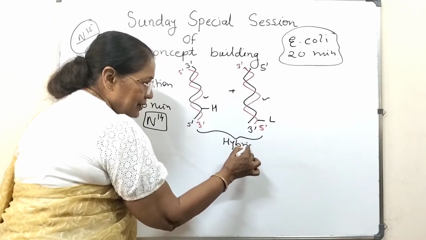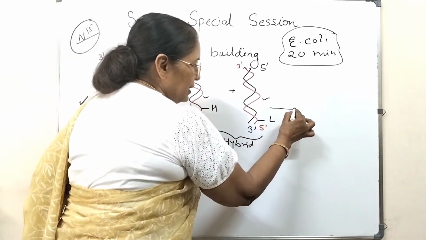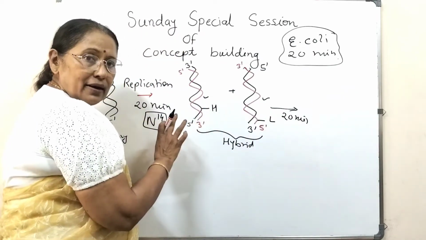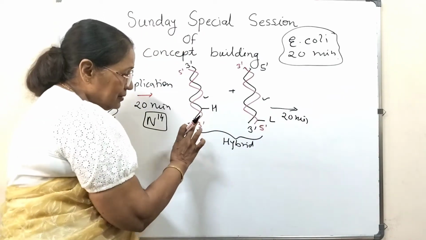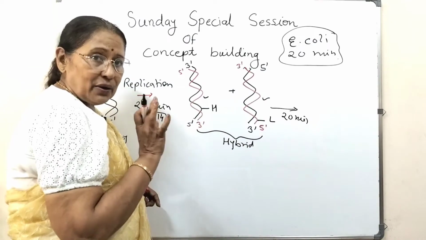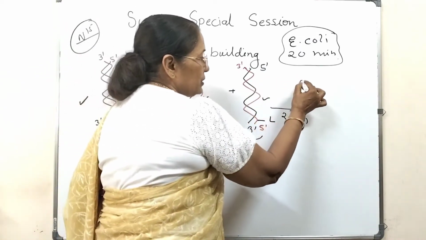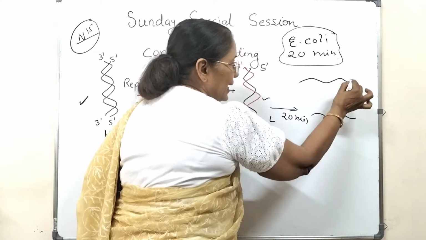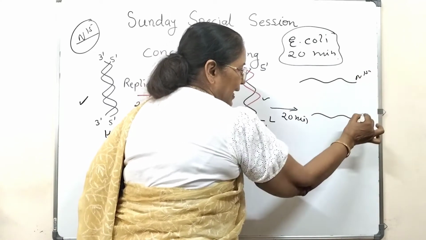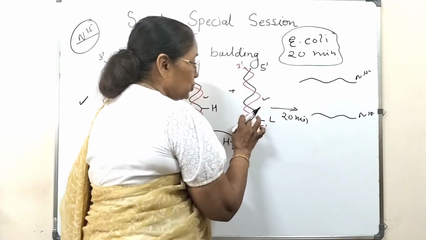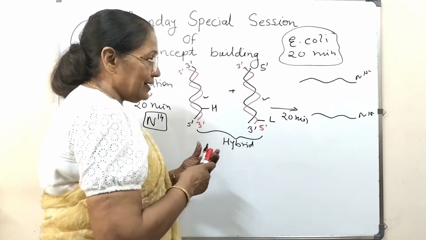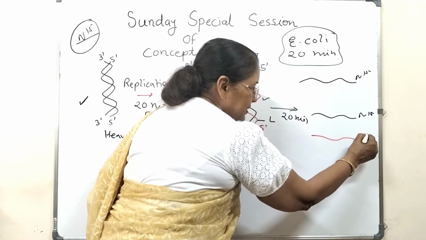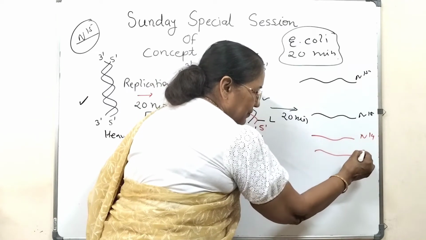Fine. Then after the next 20 minutes, what will happen? With semi-conservative replication, these 4 strands are going to separate. This is the original heavy strand, the N15 strand, and these two which I have drawn in red color are the two light strands having N14 and N14.